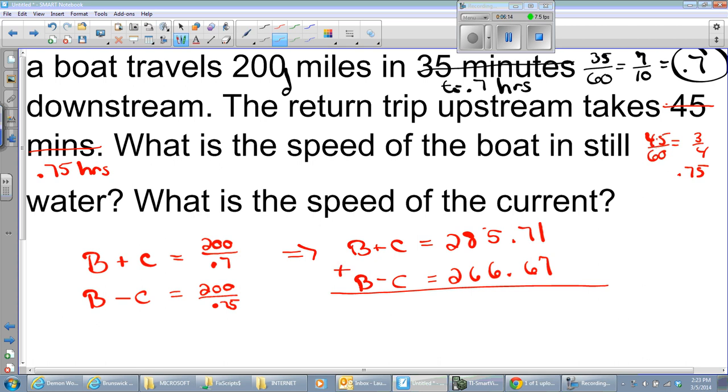Solve by elimination. I'll get 2b, and that will equal 8, 3, carry the 1, 2, carry the 1, 5, carry the 1, 5. And then I'll have to divide by 2.